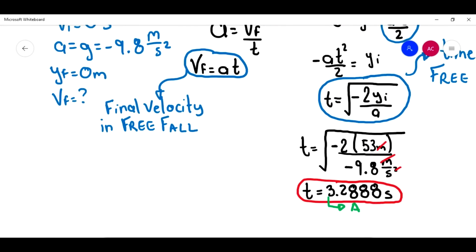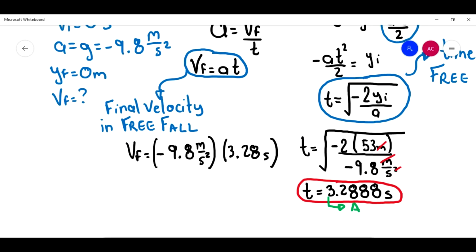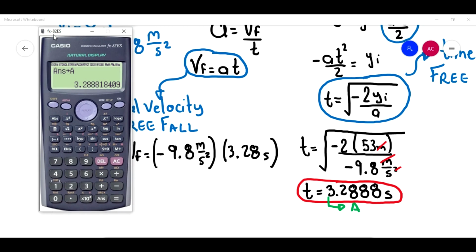So final velocity equals the value of the acceleration, minus 9.8 meters per second squared, multiplied by the value of the time, 3.28 seconds. So let's do it in the calculator. Minus 9.8 multiplied by the value that I saved in the memory A of my calculator, and that is the final velocity.